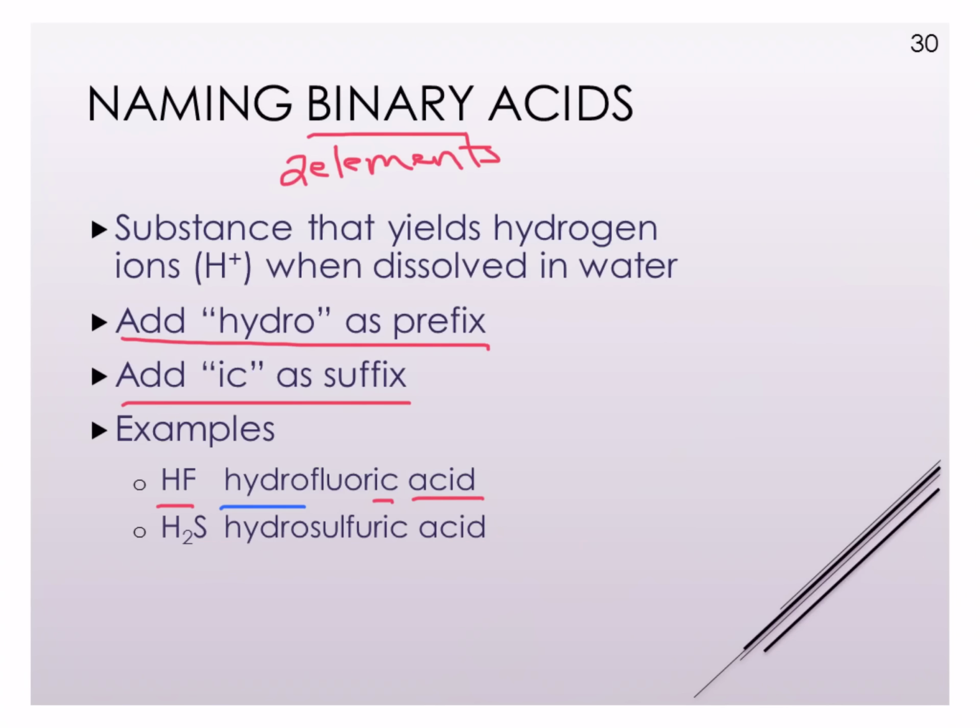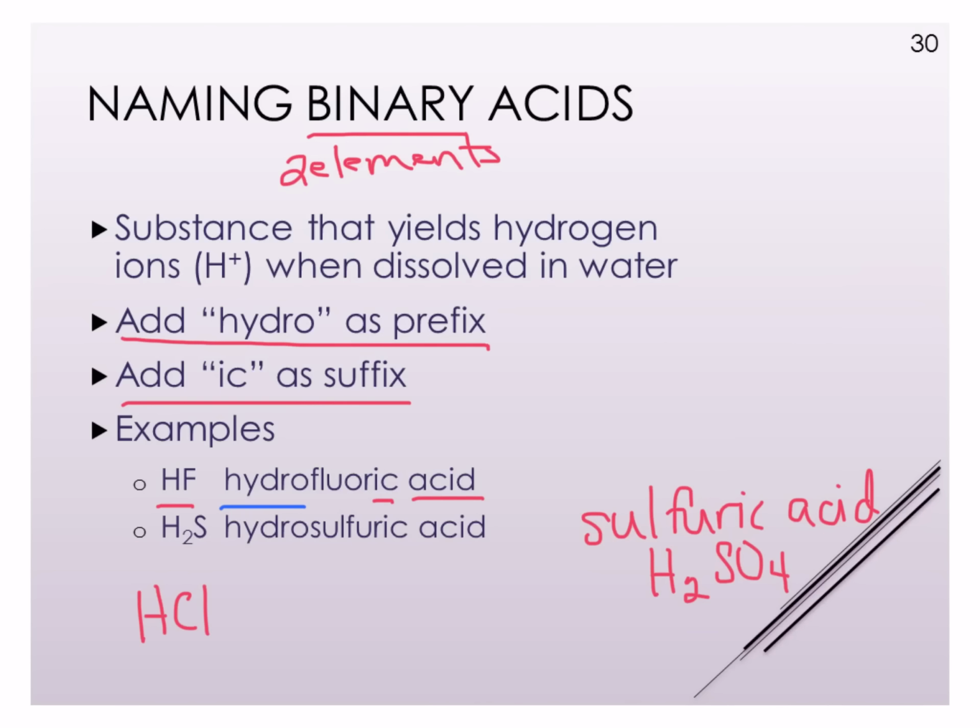Now this is very different than what we know as sulfuric acid, which is H2SO4. So hydrosulfuric acid and sulfuric acid are two very different things. If we look at something like HCl, again we have chlorine, so the ending is going to become chloric acid.